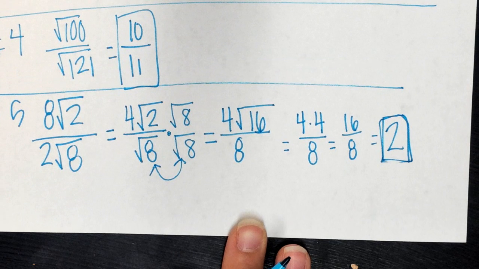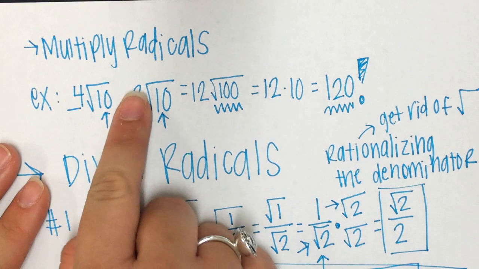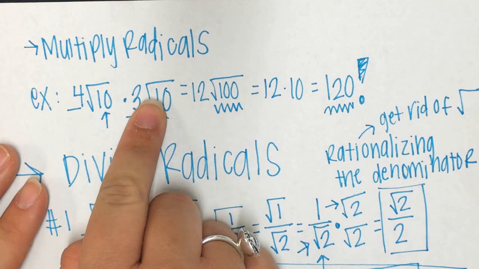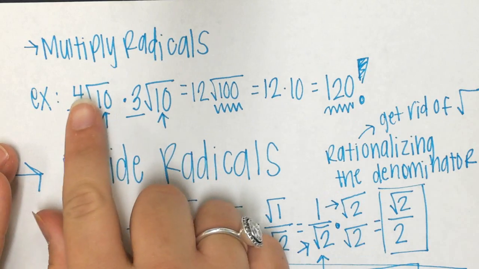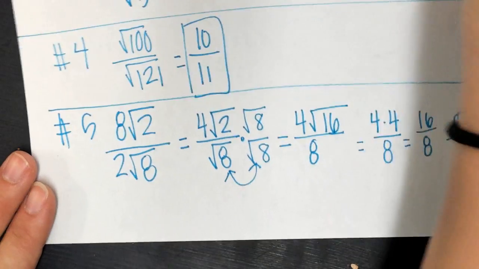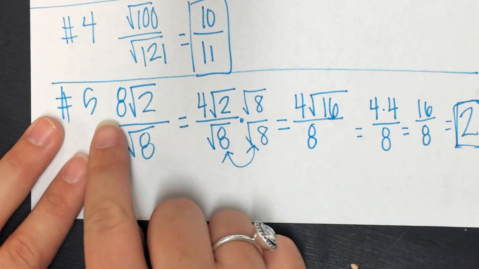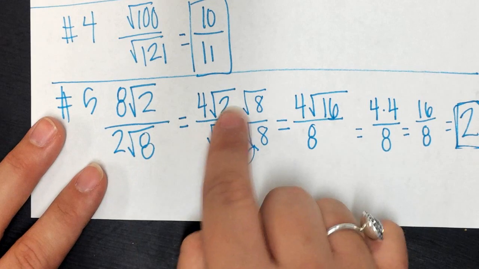All right, I get it now. Okay, where did I lose you, Ethan? Just like we multiplied 4 and 3, the outsides, I can multiply the outsides and the insides, and I can divide the outside and the inside. So 8 divided by 2 is 4, and then I just wrote these again.